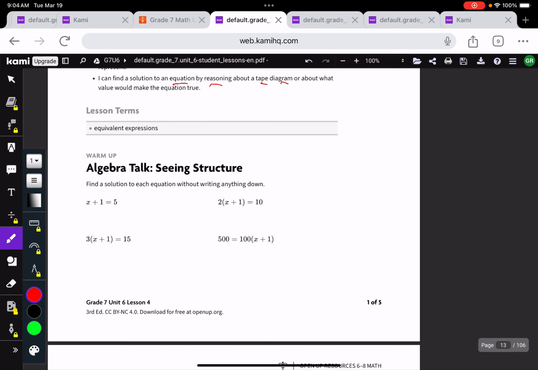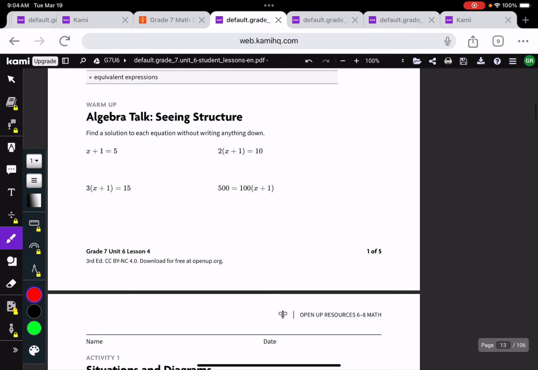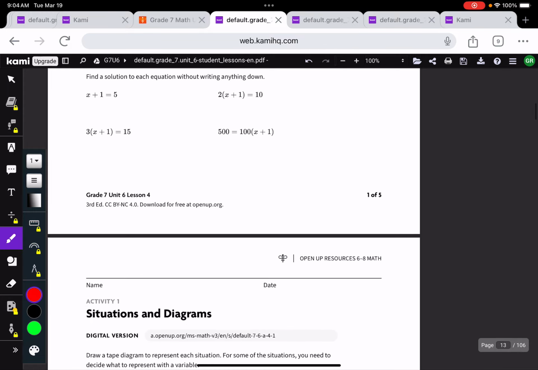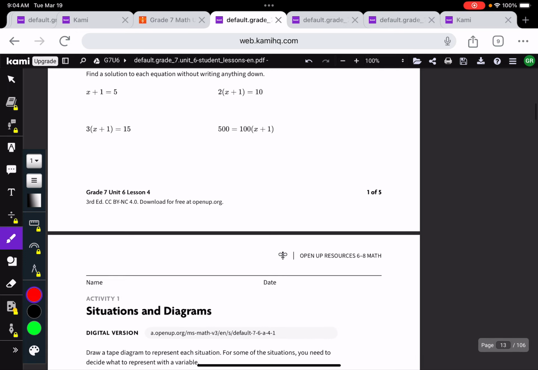So we're going to be looking at equations in the tape diagram. We're going to notice they are very, very similar, and eventually we won't need the tape diagram, but first off, we have to learn what the equations look like before we can solve them, and the tape diagrams help us do that. So the warm-up says find a solution to each equation without writing anything down.